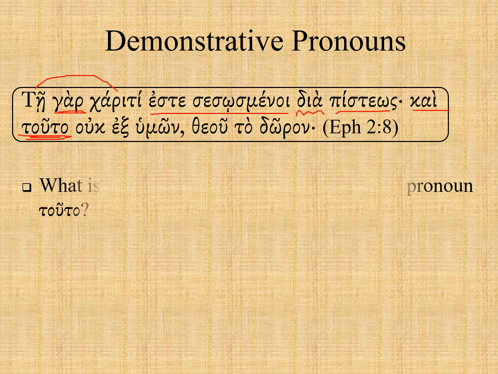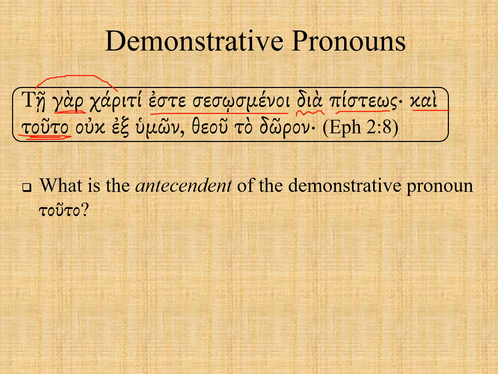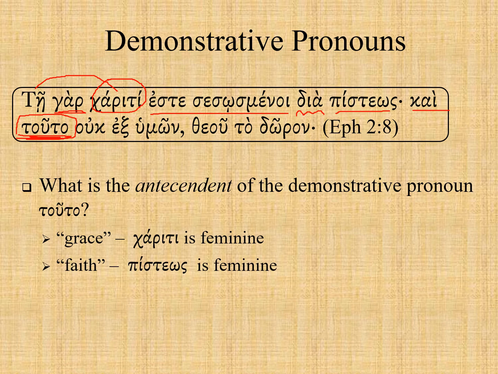It is God's gift. So the question here that we want to look at is, what is the antecedent of the demonstrative pronoun touto? In other words, when it says and this is not of yourself, what is this referring back to? Is it referring back to grace, chariti, which is feminine, or is it referring back to pisteos, which would be closer in proximity, but pisteos is also feminine.